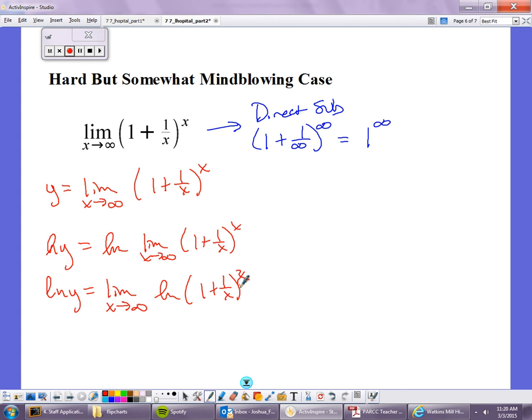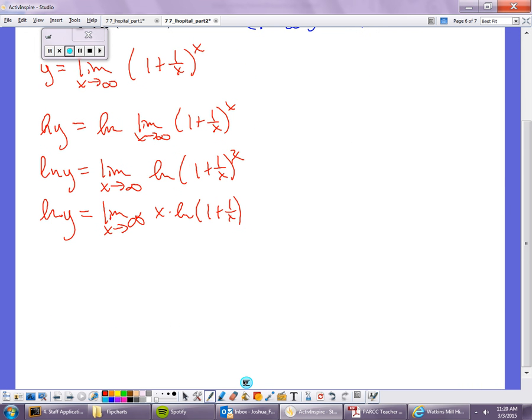From my rules about logarithms, ln y is then the limit as x goes to infinity of x times ln(1 plus 1 over x). I can pull that exponent down and put it in front of my logarithm. Where do I want to go from there?